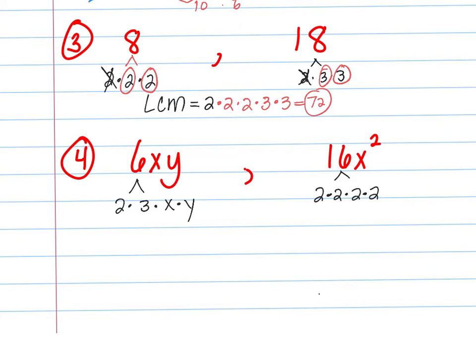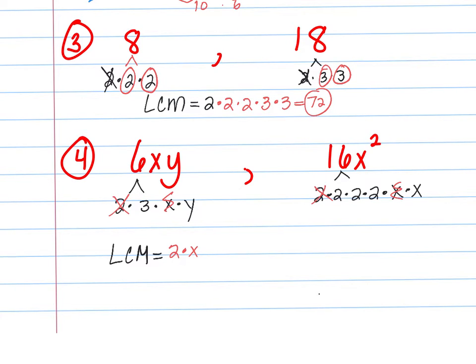Yes? Hello? Times x times x. That's not anything different. So least common multiple. We got to look at what they share. Well, looks like they share a 2, right? 2 and a 2. Mark it off, write it down. They share an x and an x. Write it down.